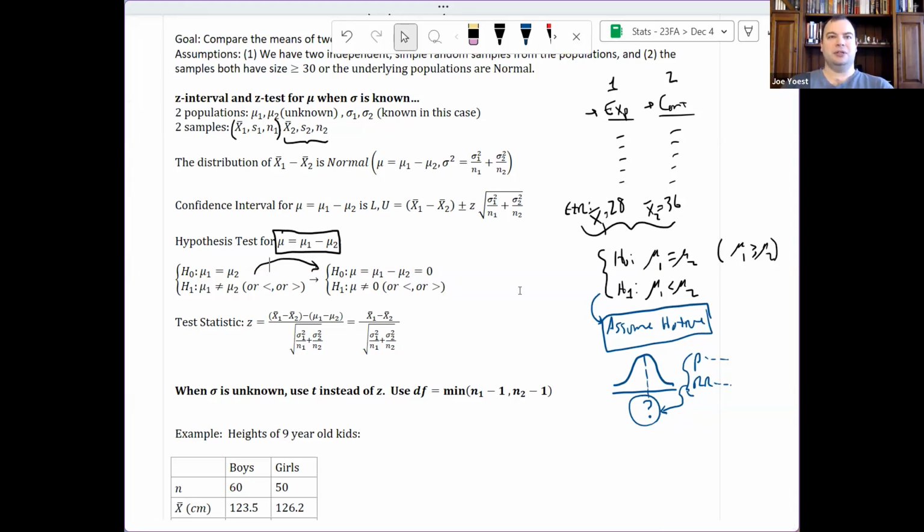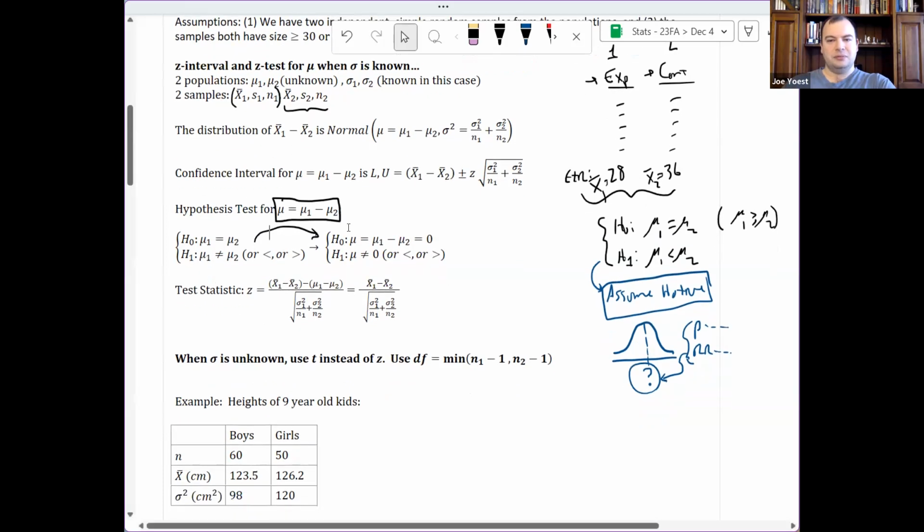We could subtract those numbers in theory, and that would yield a third fixed number, mu, which is also a fixed quantity, but that we don't know. So we can say a similar thing about mu, that it is a fixed quantity that we don't know. But mu1 minus mu2 under the null is 0.